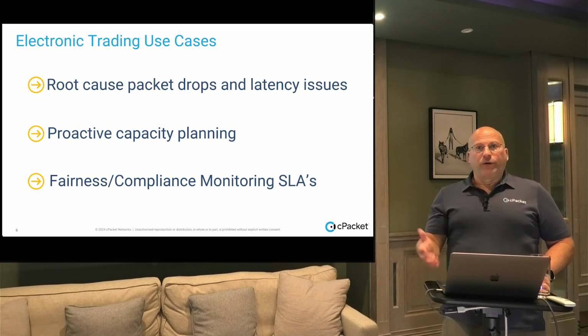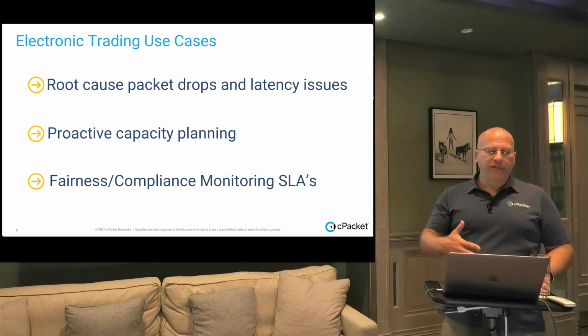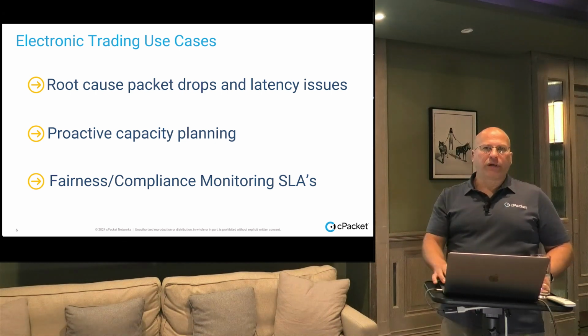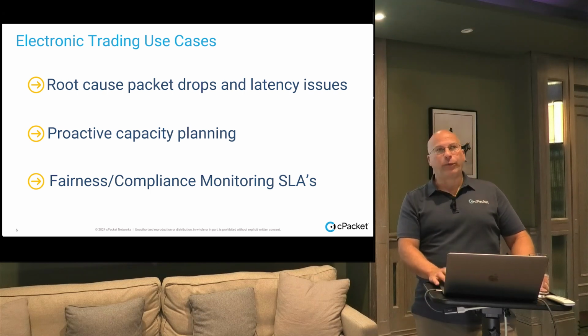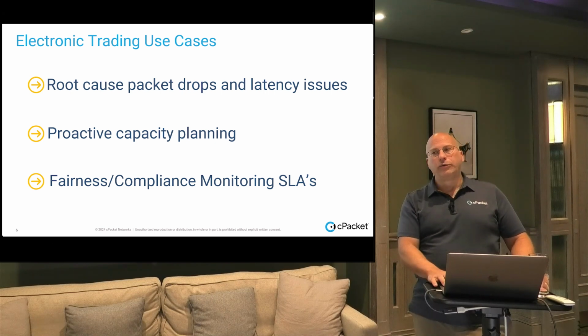The second workflow, or the second use case, is about being able to proactively perform capacity planning. Many of these networks are global networks and require wide area WAN links. WAN links take a long time to procure, somewhere between a quarter and two quarters. They're expensive.